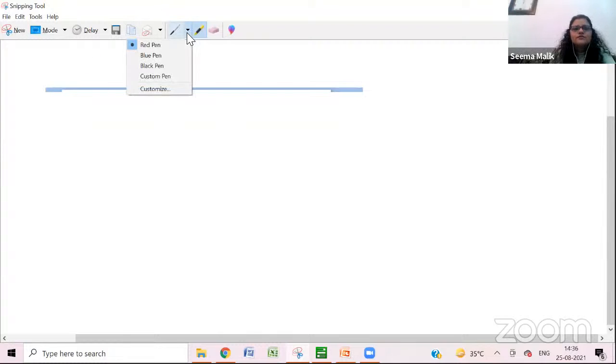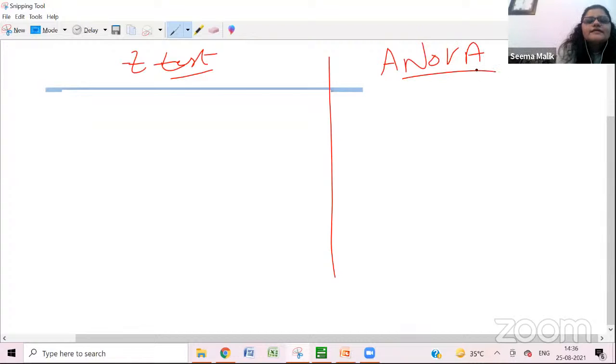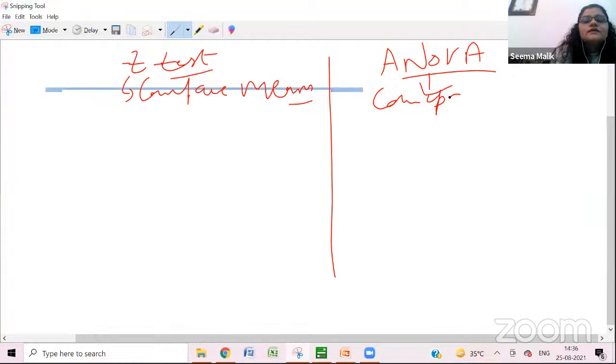Yes. Okay, so let me show the difference between the t-test and ANOVA. T-test. This is ANOVA. T-test compares means. ANOVA also compares means. This is a very important point, and a lot of students forget it.